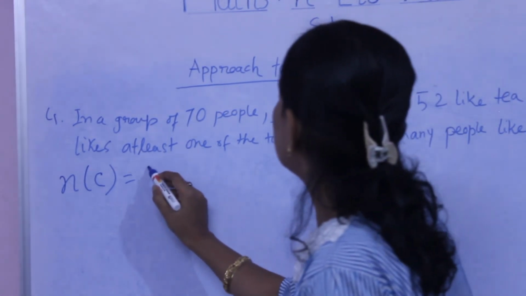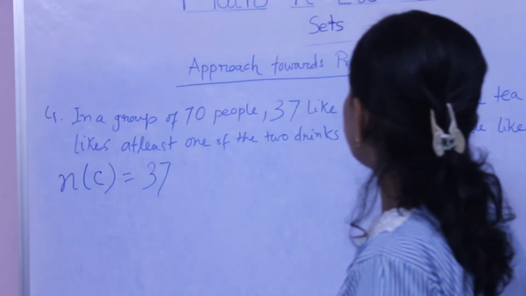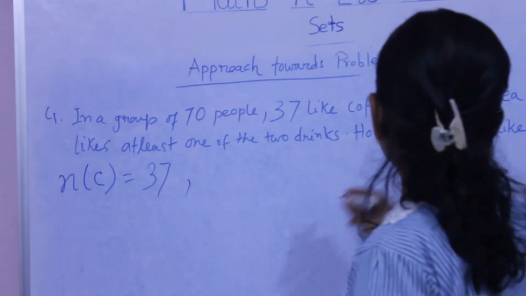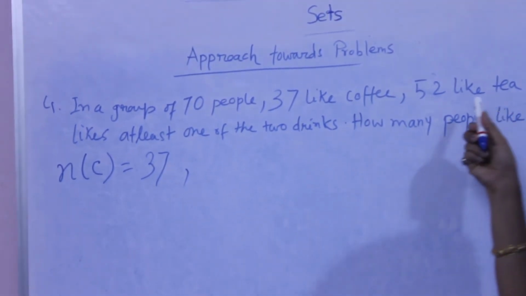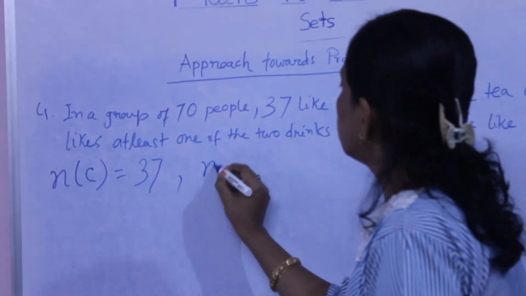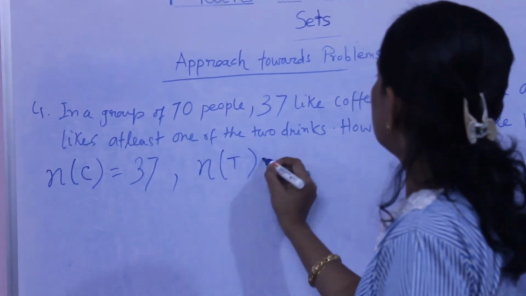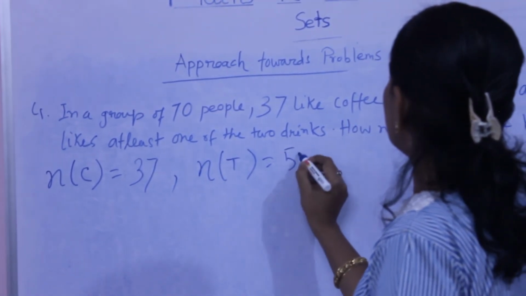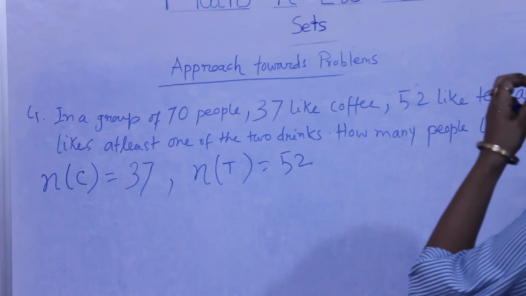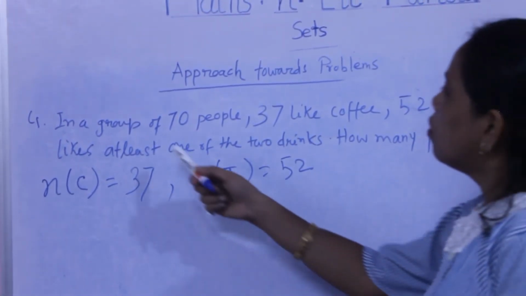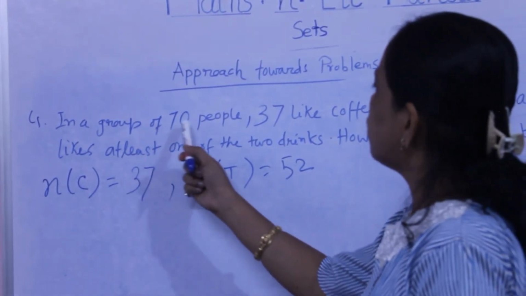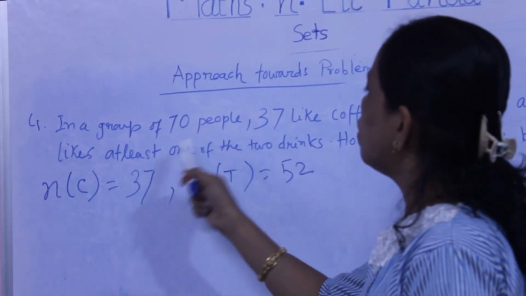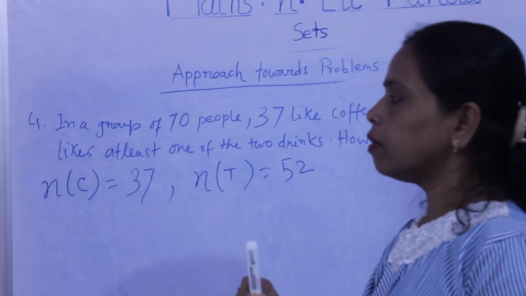How many? That is 37. The number of people who like tea is NT equal to 52, and all 70 people like at least one drink.